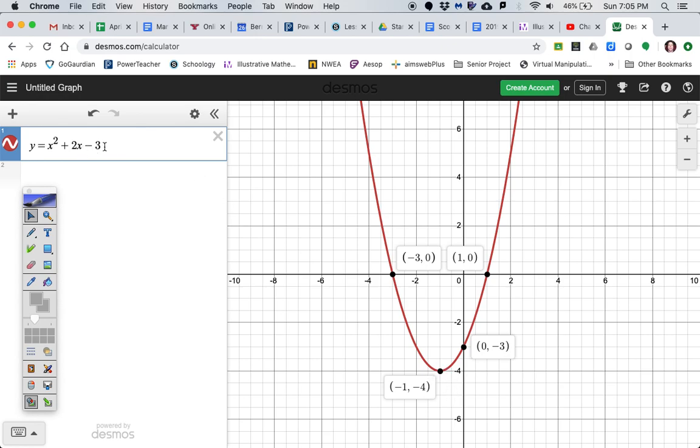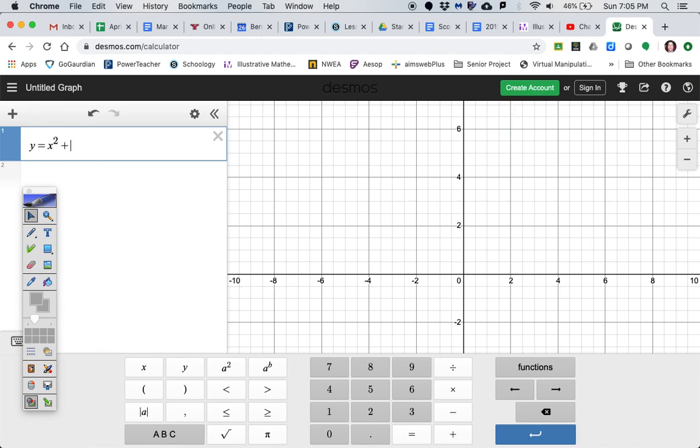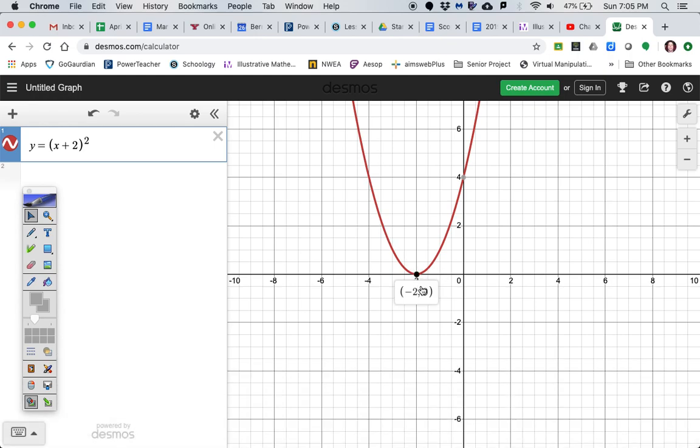Now, occasionally, things like this happen. I'm going to make it this way. And if you notice, the vertex is sitting right on the x-intercept. So this is both the vertex and the x-intercept.